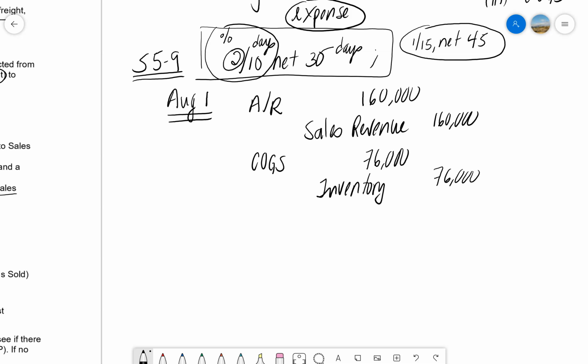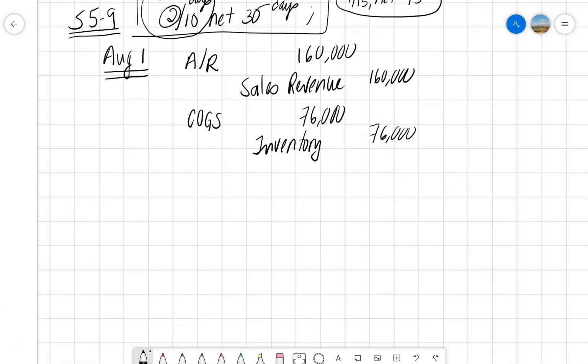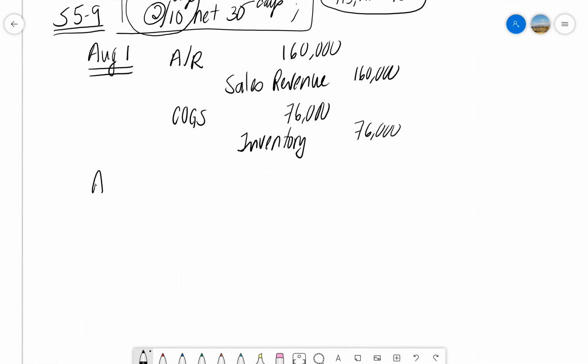Now, the challenge is that the company is going to pay us on August the 10th. And this is within the 2% discount credit period. They're paying within 10 days, so we're going to give them a discount of 2%. Let's figure out what our journal entry on August the 10th is going to be when we receive the cash.